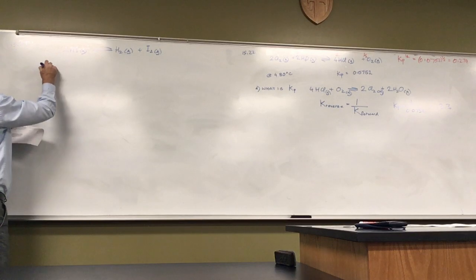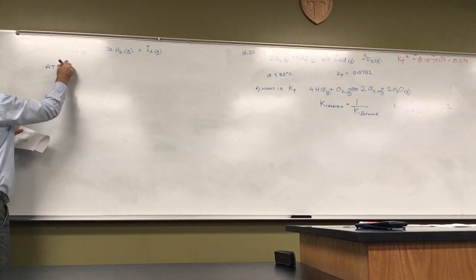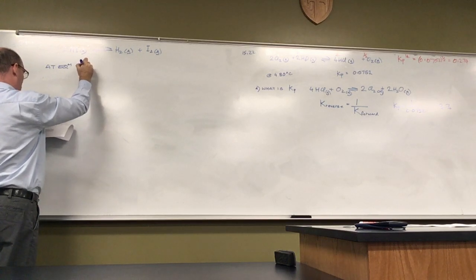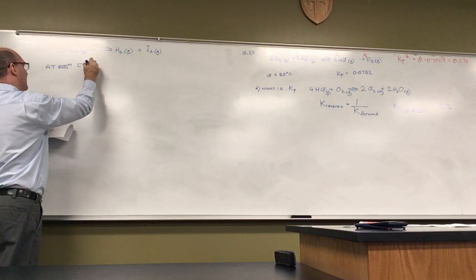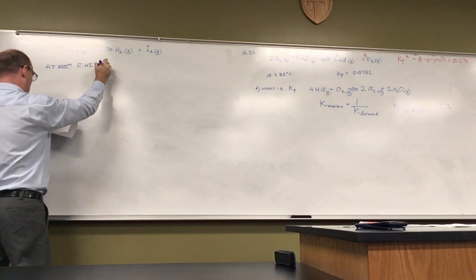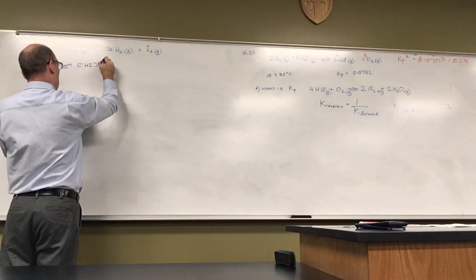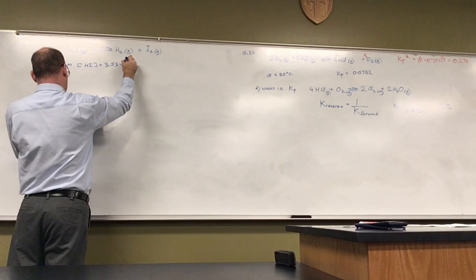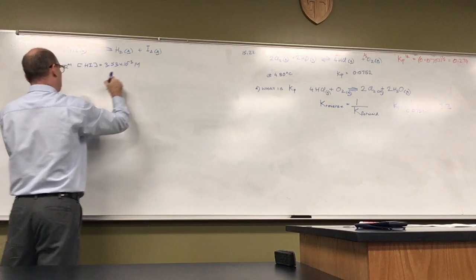And at equilibrium, we have found that the concentration of HI is 3.53 times 10 to the negative 3 moles per liter.